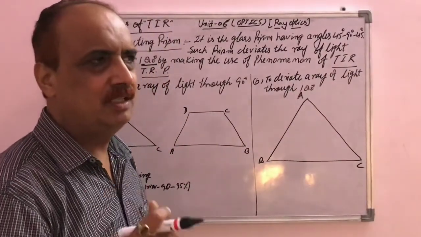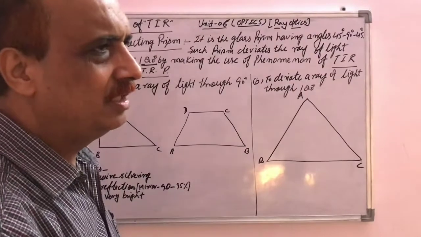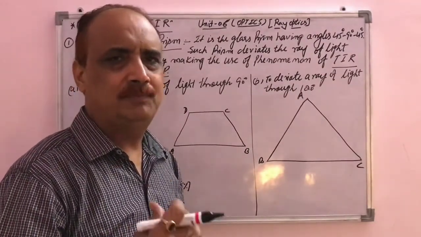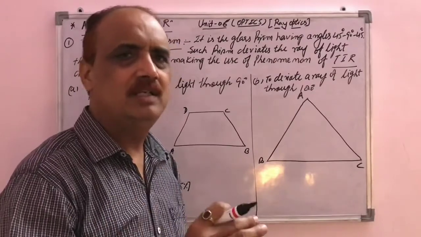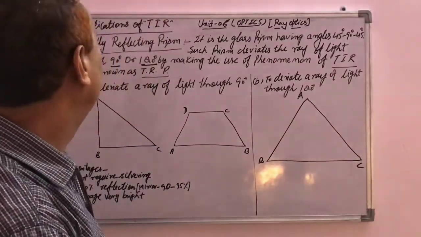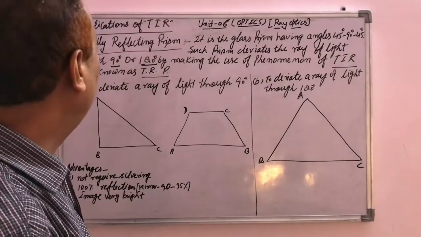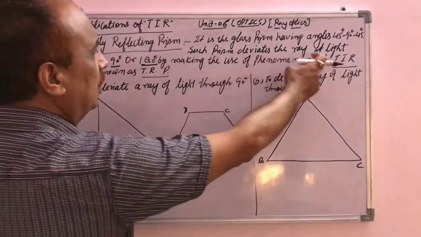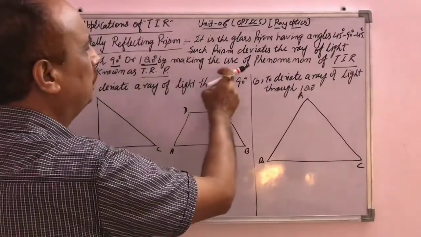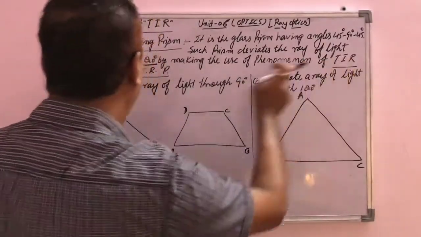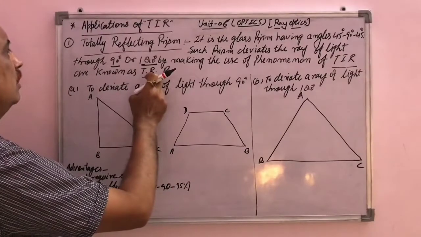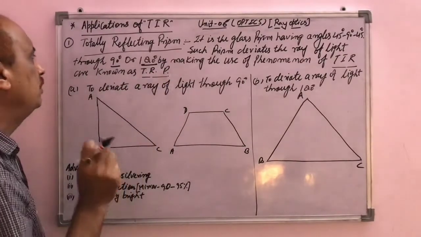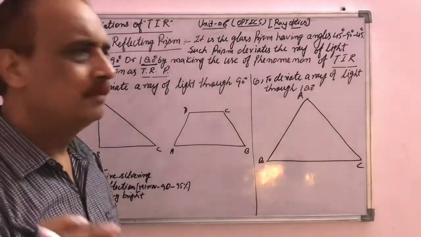Such a prism, which deviates the ray of light through 90 or 180 degree using the phenomenon of TIR, is known as a totally reflecting prism. In short, TRP.